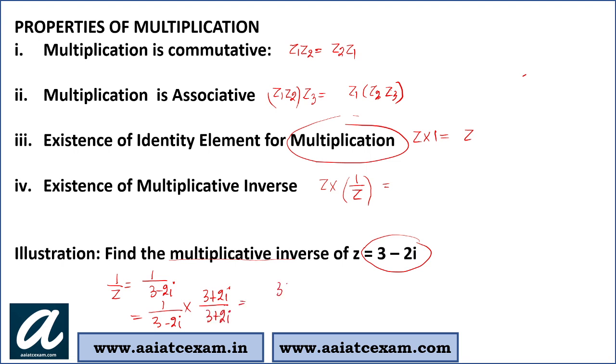So I will write 3 plus 2 iota by, in the denominator the formula a minus b into a plus b, which is a square minus b square, 4 iota square. So it will be 3 plus 2 iota by 9 plus 4, this will become 13. So the answer is 3 by 13 plus 2 by 13 iota.